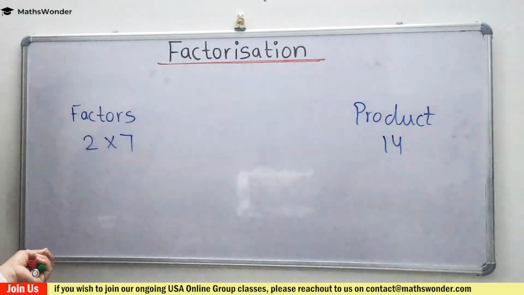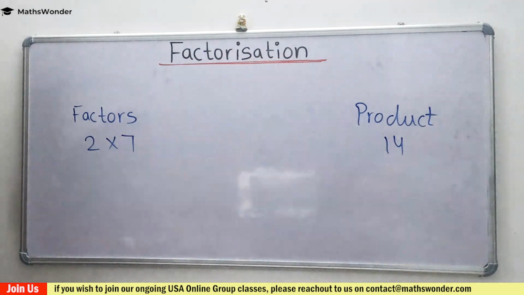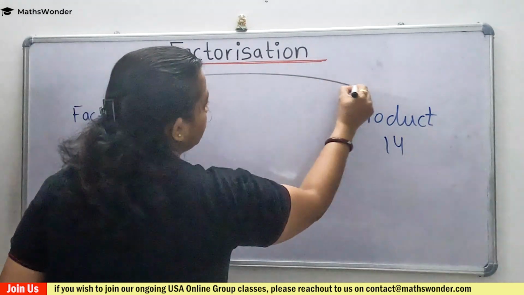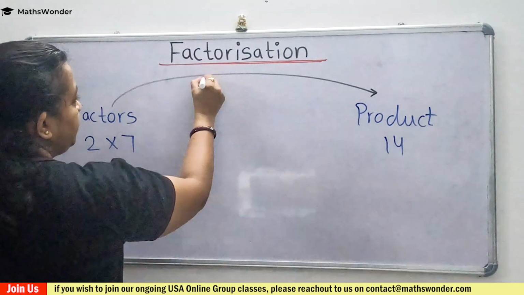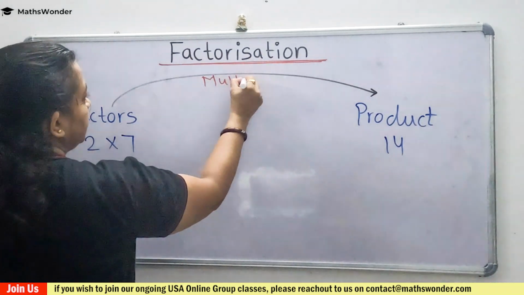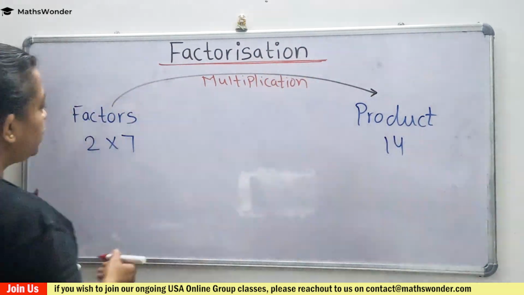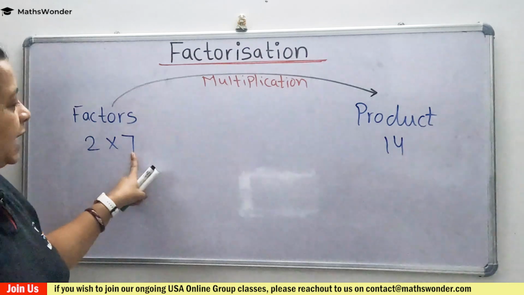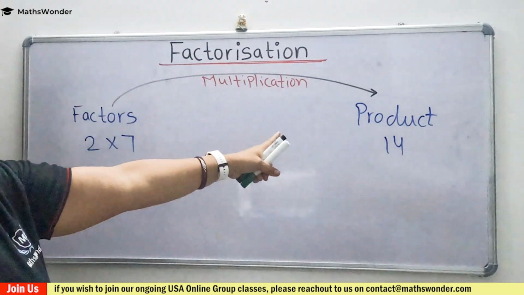But in case of factorization, 14 is equal to 2 times 7, that is, 2 and 7 are the prime factors of 14. What did we do when we turned 2 times 7 into 14?